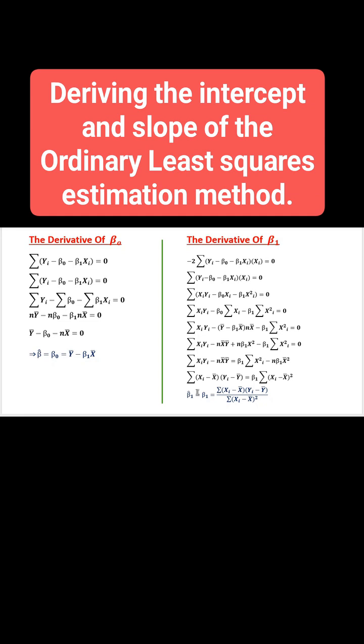So when we're deriving, we had the equation, which is negative 2 sigma into yi minus beta 0 minus beta 1 xi into xi, which is equal to 0, right? So you would want to actually apply the sigma to the whole thing, and then you would be ending up on your equation 3, which is sigma xi yi minus beta 0 xi minus beta 1 x squared i, which is equal to 0.